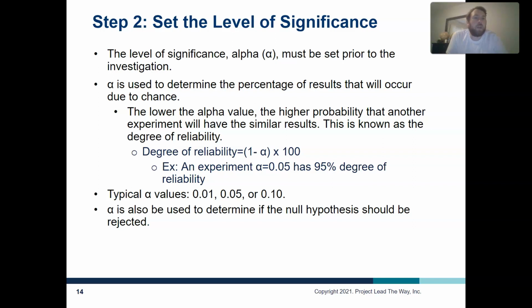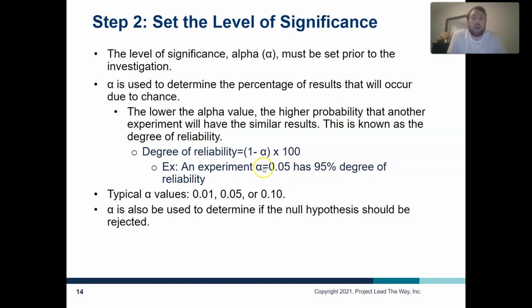I really don't want my statistical design to reflect 50-50. I'd rather have, oh, I don't know, 90% of the time that my experimental design occurs again and again, that these results will be the same. Really more likely, I would love to have a reliability of 95%.